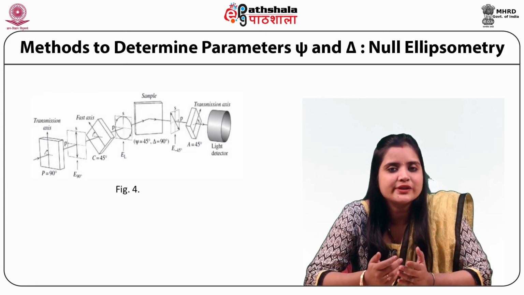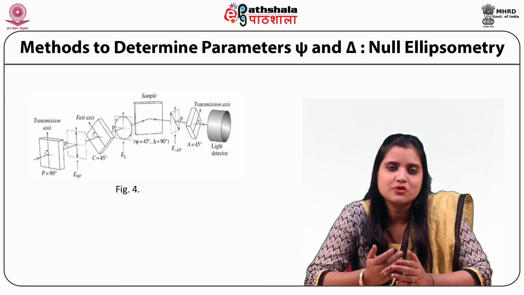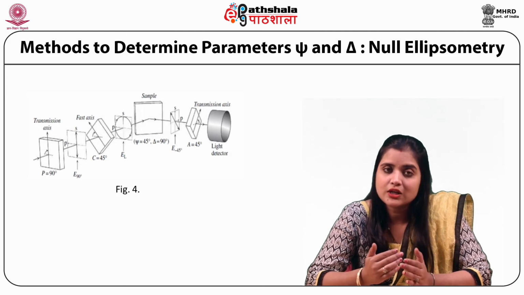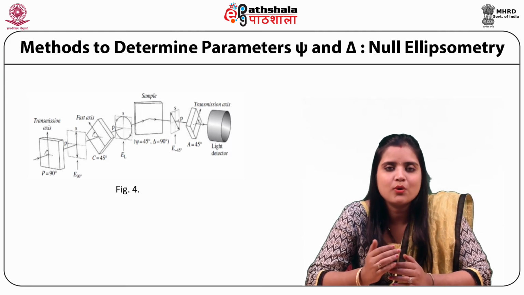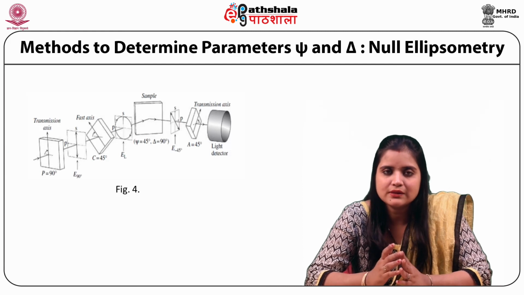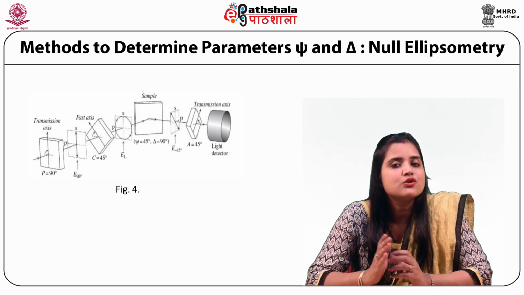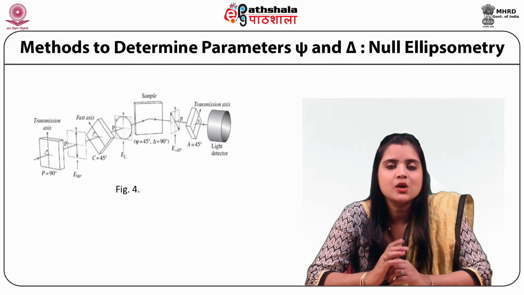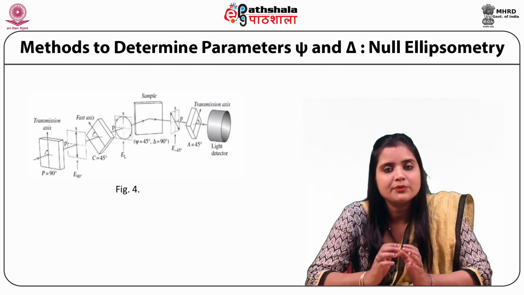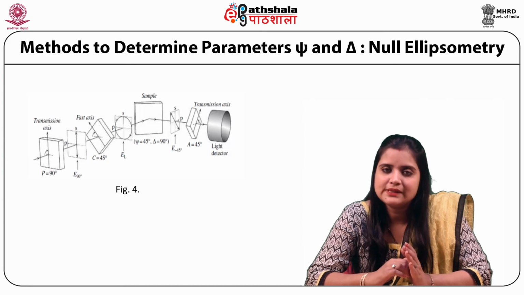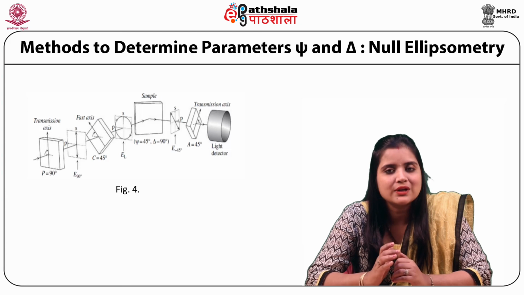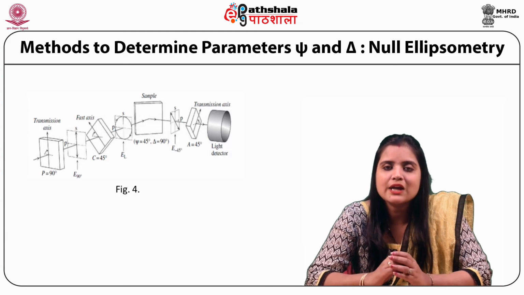Let us now discuss null ellipsometry. In this technique, along with the polarizer and analyzer, a quarter wave plate is also used, as shown in figure 4. From the figure, it can be seen that the incident light passes through the polarizer, making the light linearly polarized.